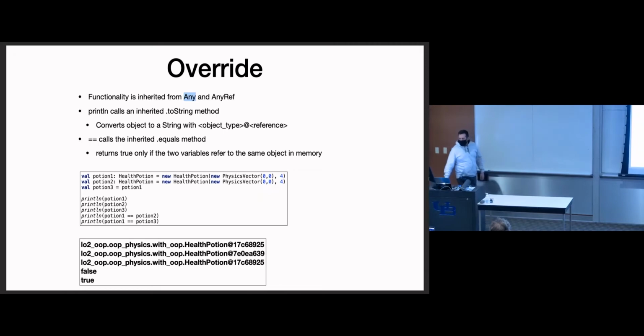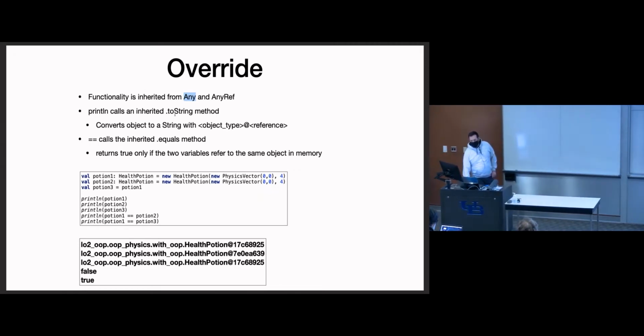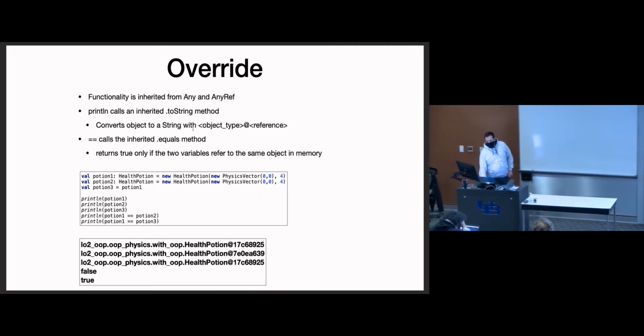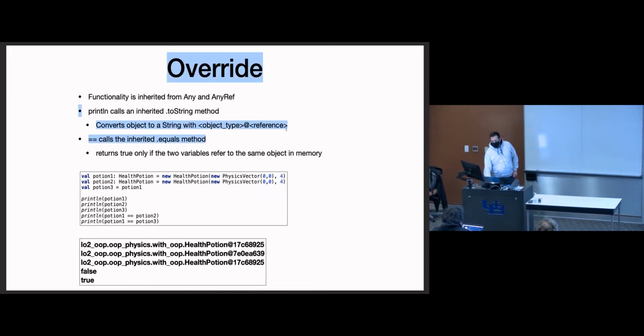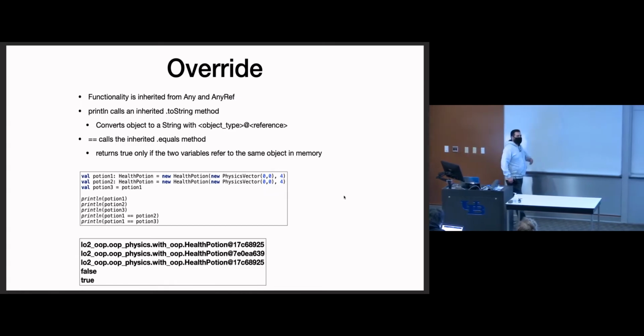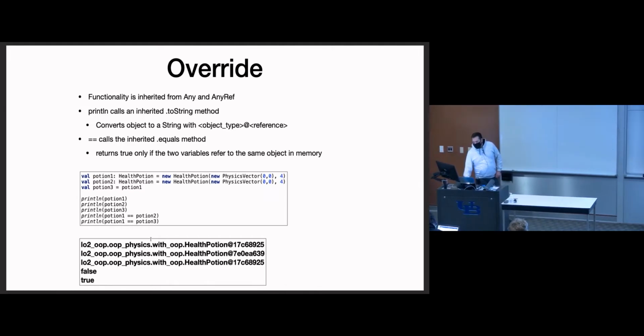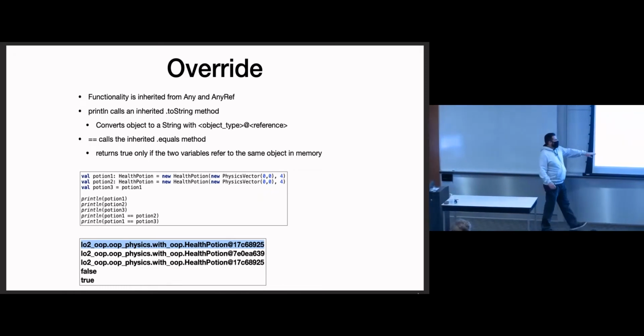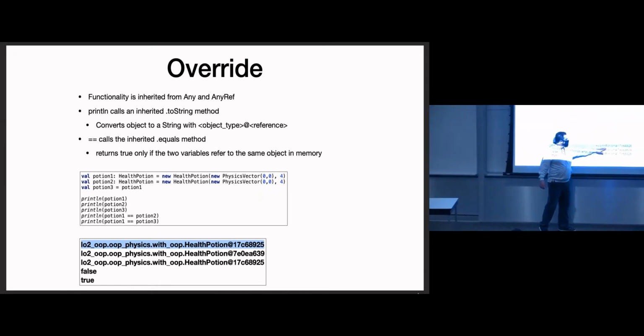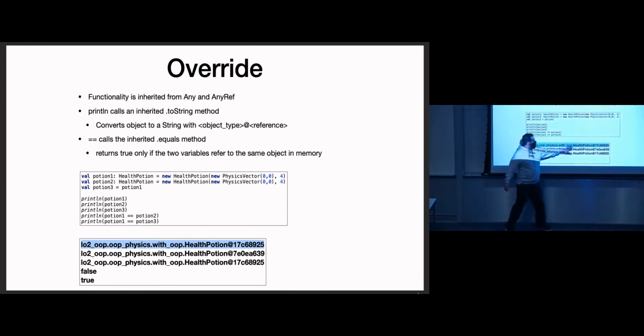So what behavior do we inherit from toString and equals? The toString for our objects is going to get the anyRef toString method, which overrides the any toString method, which is going to print this garbage. This is going to be the fully qualified name of the class, which is the package and the class name, and then at some garbage.